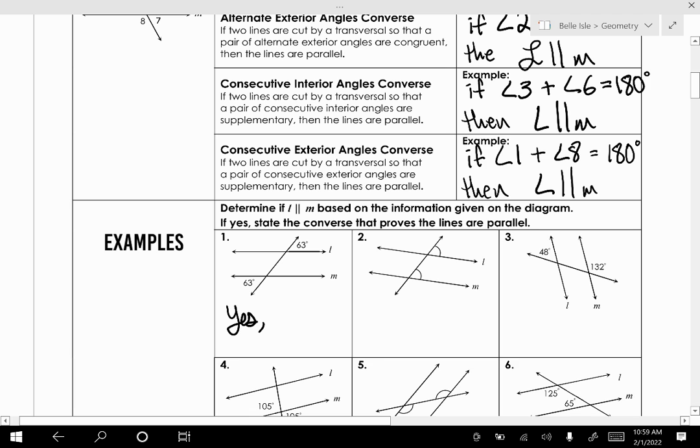Okay, and why are we saying yes? Which converse? Alternate exterior. Okay, alternate exterior converse.